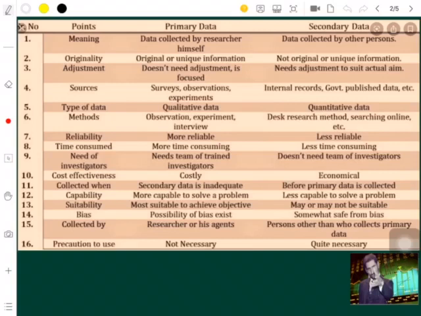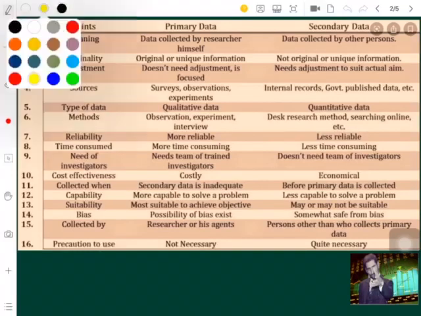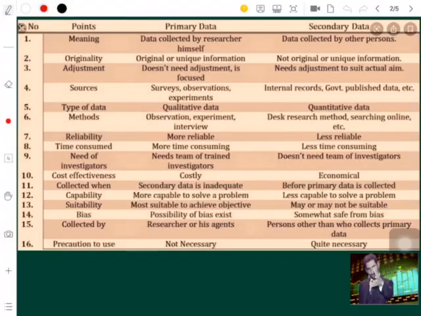You can see on the screen that I have divided primary and secondary data on 16 bases, while you would require just the most important 6 out of these to answer a 6 marker question. You do not require to give more. But in order to understand, say you are being asked just about primary data and it's a 6 marker question.